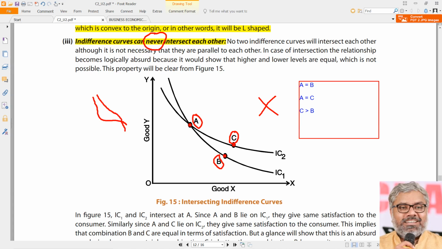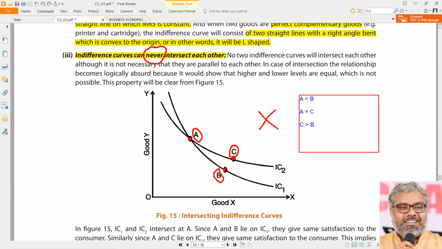That is not possible. So don't unnecessarily draw assertions or assumptions from one principle by automatically implying another principle with our limited mathematical knowledge. So let us not get into that. That is the point. We just need to understand why two indifference curves cannot intersect with each other.